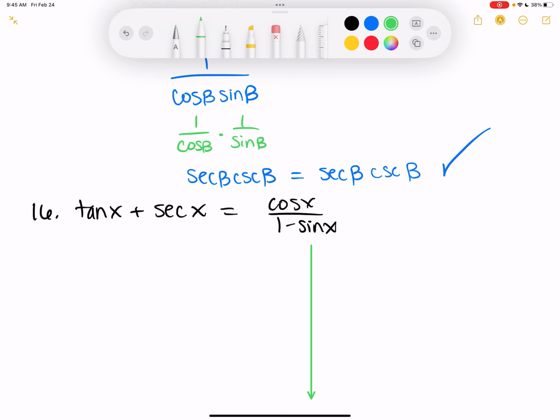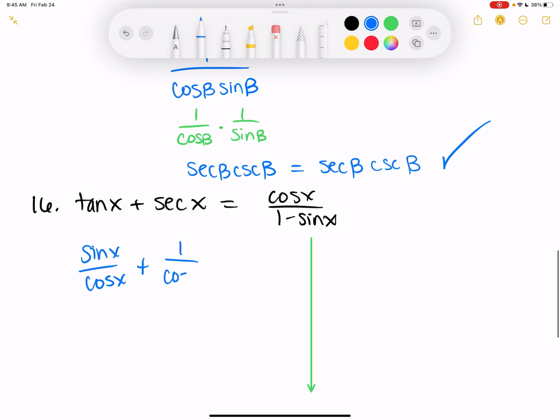So you see, we would probably change the tangent to sine over cosine. And then the secant. Oh my god, they already have common denominators. How nice of them. So we can add the numerators.